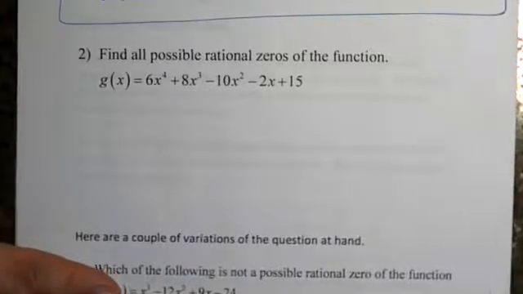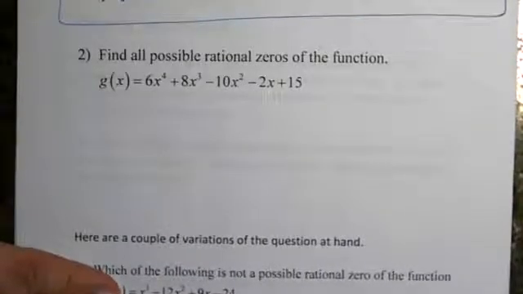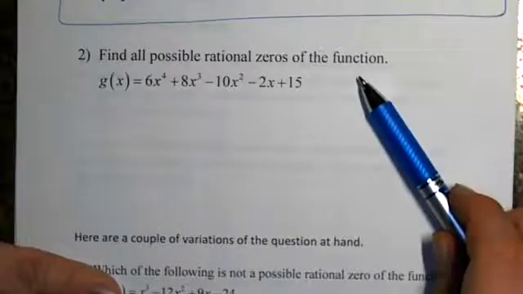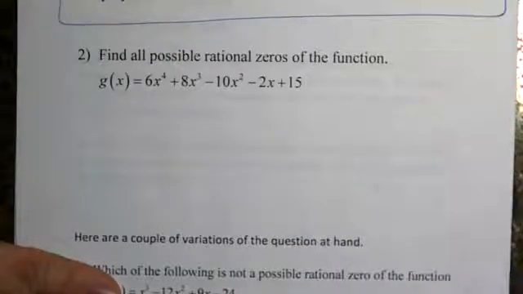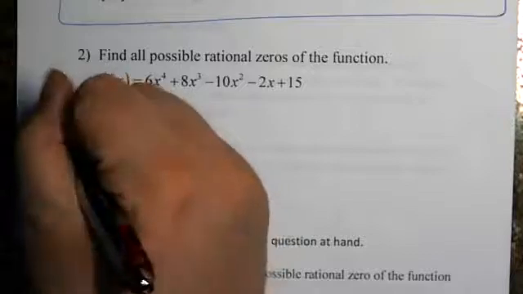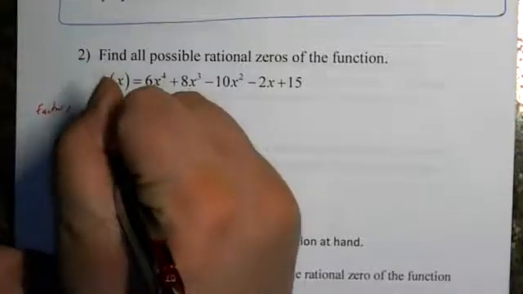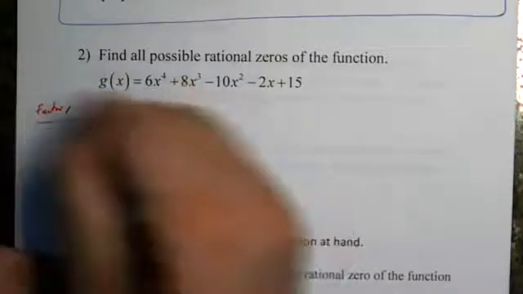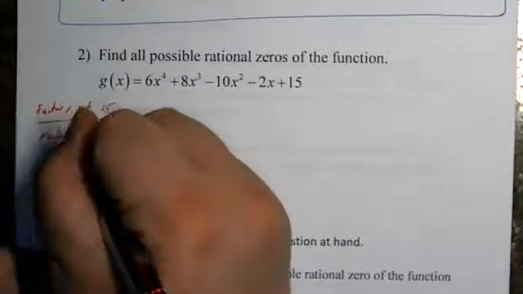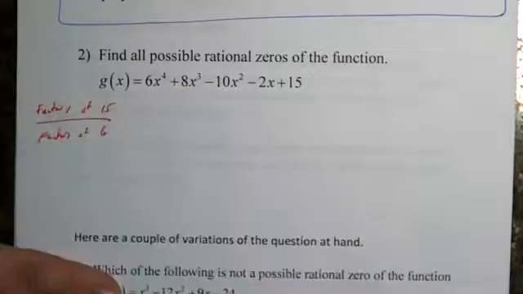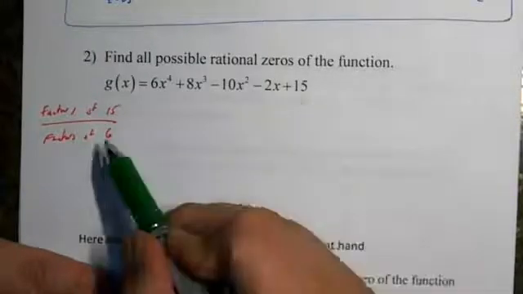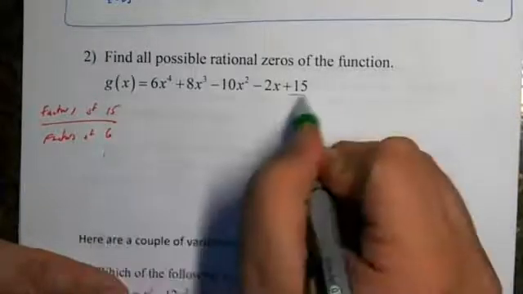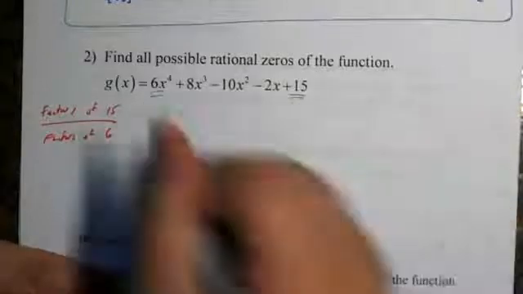Okay, so let's look at number 2. Find all possible rational zeros of this function. All right, we need the factors of 15 over the factors of 6. Factors of the constant over the factors of the leading coefficient.